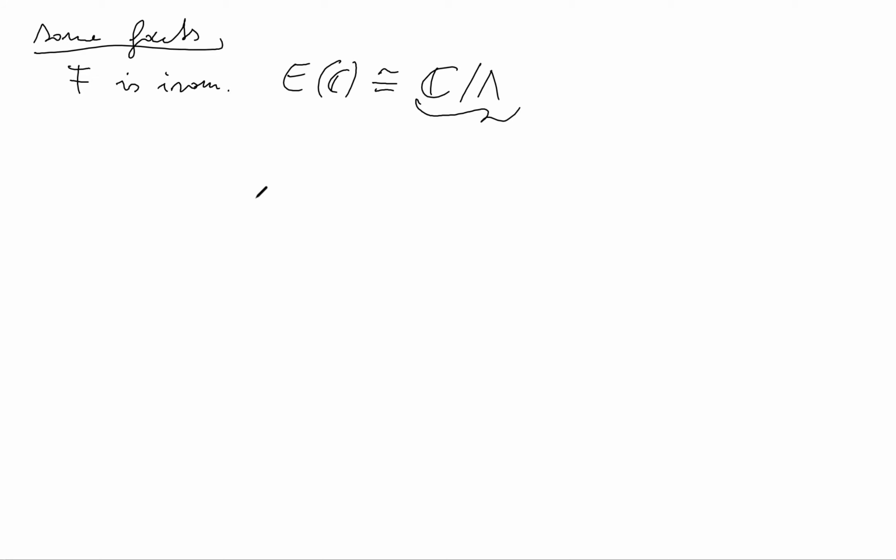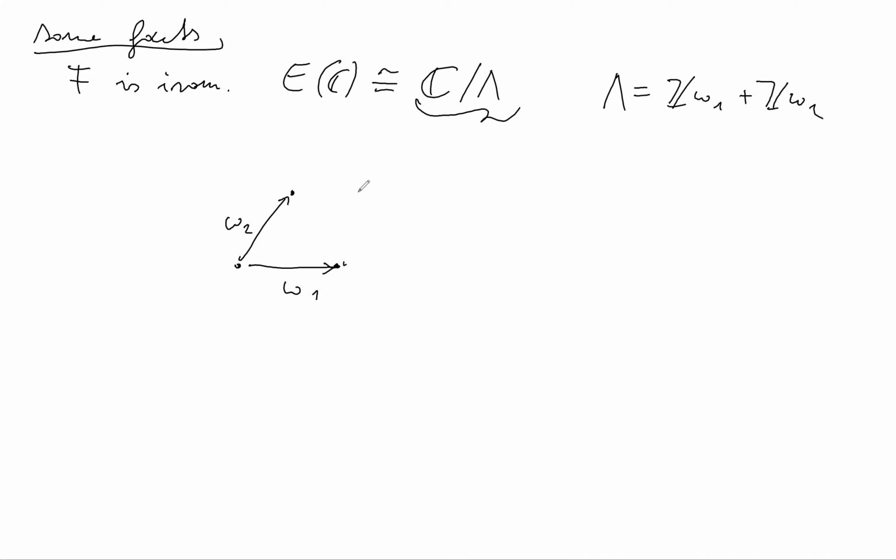The way you should think of Lambda is really as a lattice. I have a direction omega 1, and then a direction omega 2, and Lambda is just these combinations of omega 1 and omega 2.